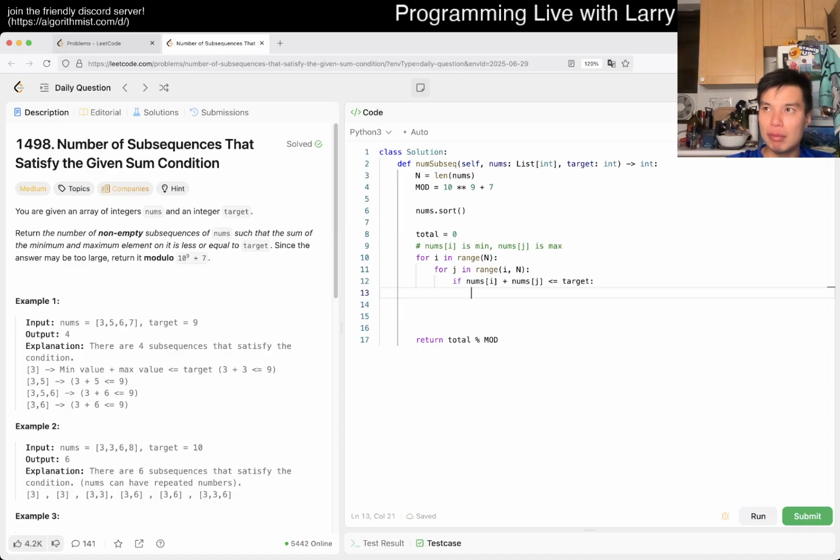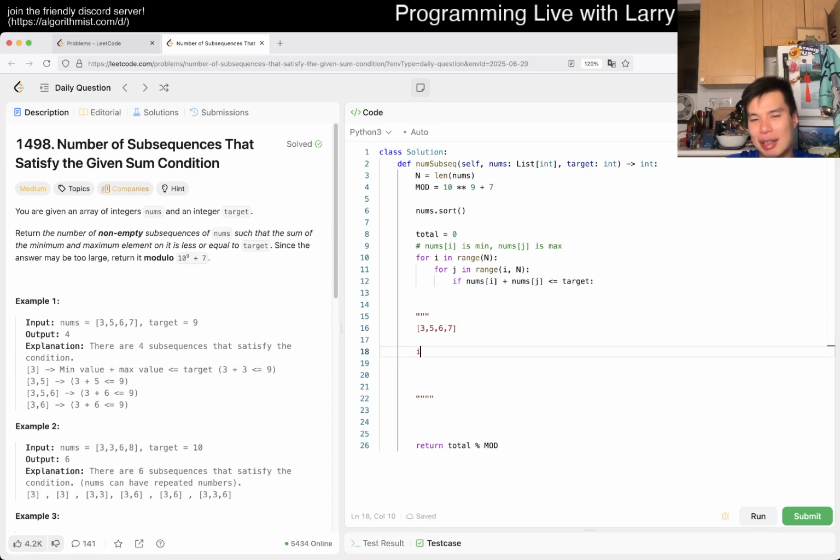Well, nums sub i is min, nums sub j is max. That means that the number of subsequences is just a function of the number of elements inside. Not precisely that, but it's a function of that, as you can see with something like, or even just this one, right?